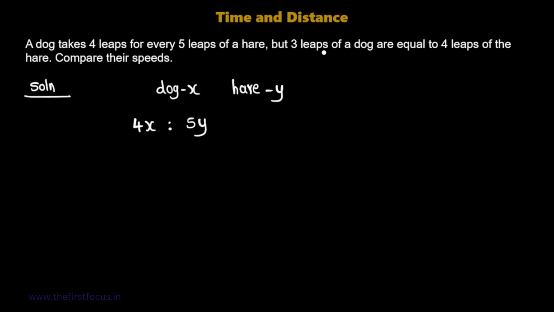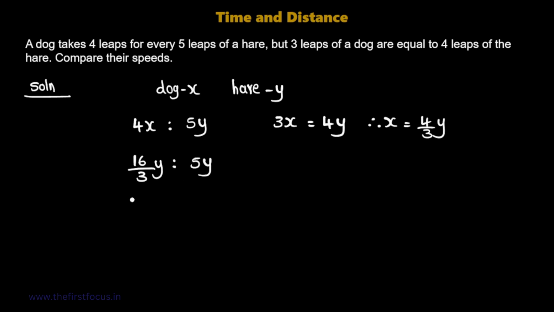Then they have given 3 leaps of a dog is equal to 4 leaps of the hare. From this we get the value of x as 4 by 3 y. Then we substitute the value of x here, that is 4 into 4 by 3 y, it becomes 16 by 3 y is to 5y.